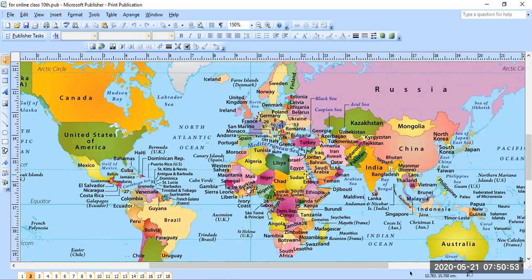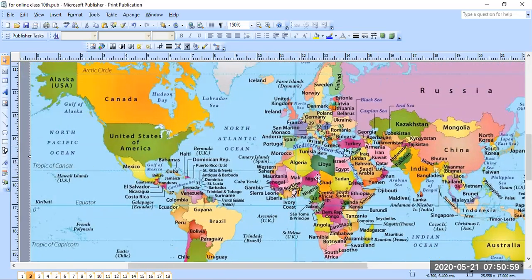And if you see carefully, you will see the Tropic of Cancer. The Tropic of Cancer passes through India, almost dividing India into two halves. We will see this in greater detail in the coming pages. Now, India is lucky to have two types of climatic regions because of the Tropic of Cancer passing through it.